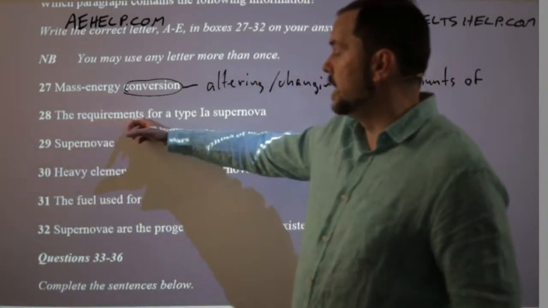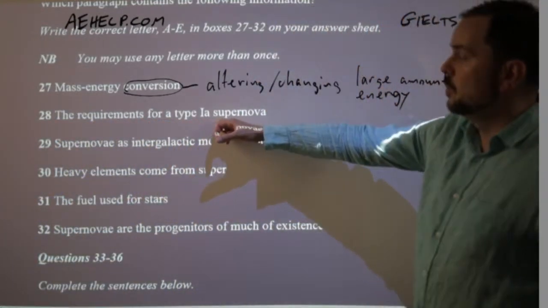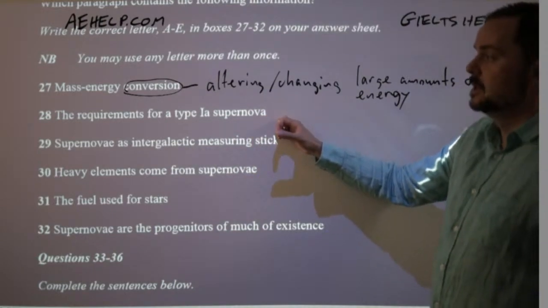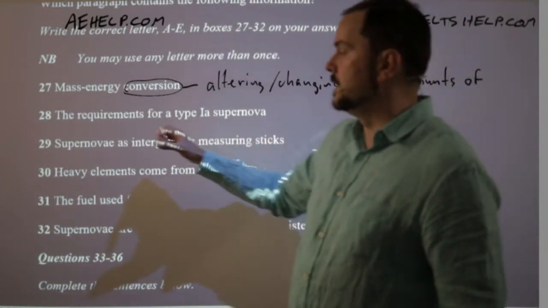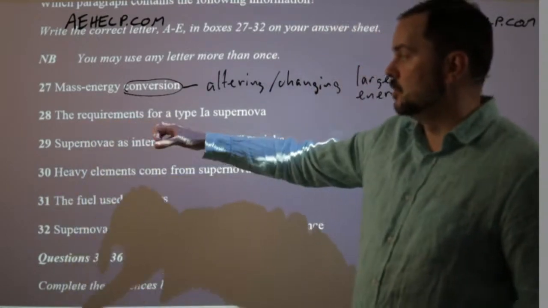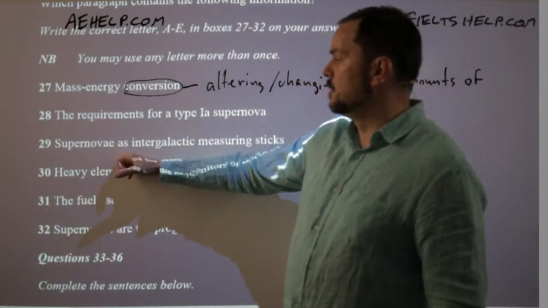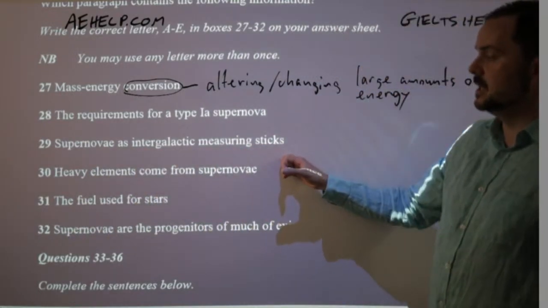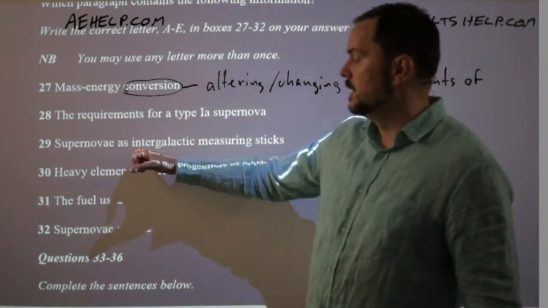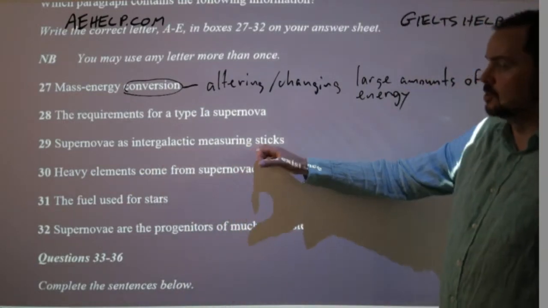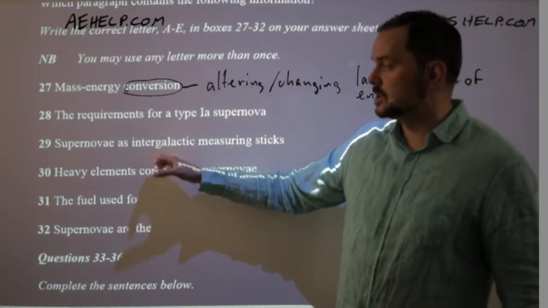So the requirements for a type 1A supernova. So the necessary elements or components for a type 1A supernova. Supernova as intergalactic measuring sticks. So supernova as a measurement tool in the universe.